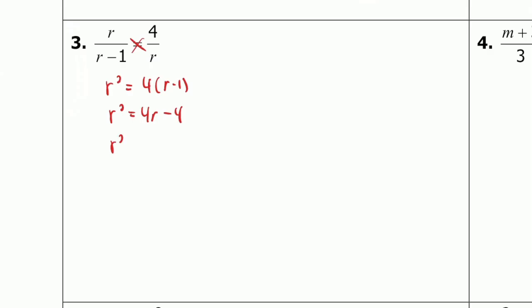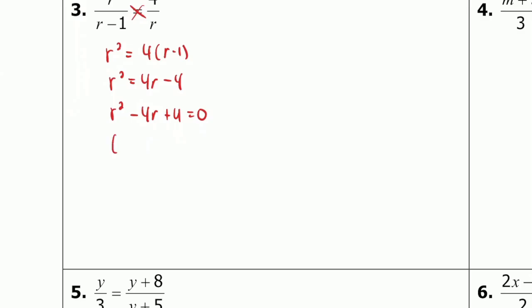So I will get r squared minus 4r plus 4 is equal to 0. That factors down to r minus 2 and r minus 2 is equal to 0. So r is going to equal a positive 2. I plug that in to check. Again, doesn't make my denominator equal to 0. So r is going to equal just 2.